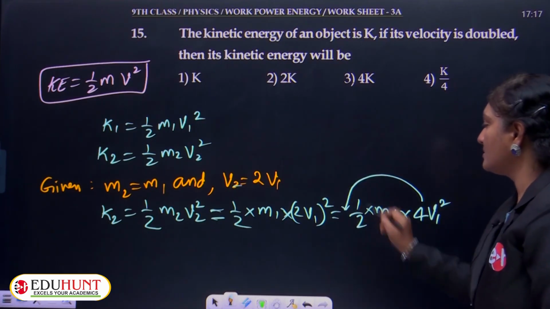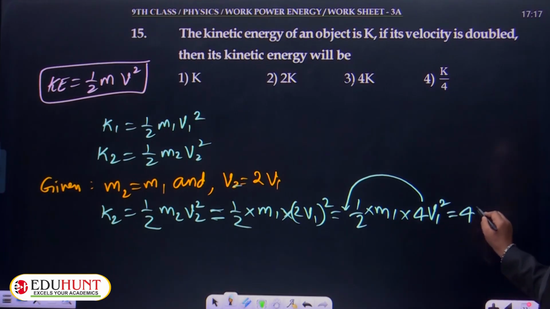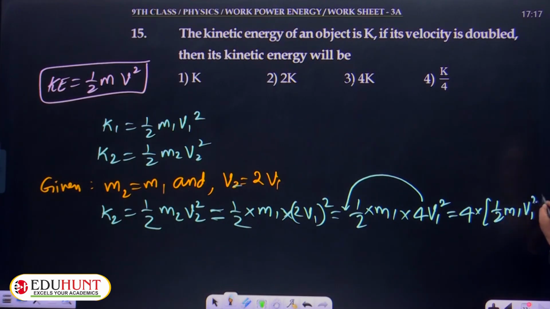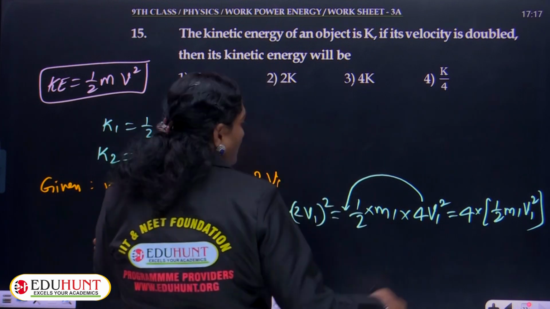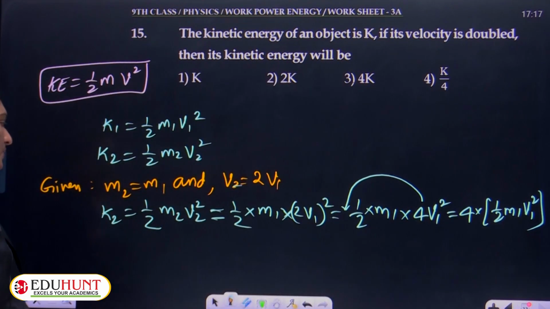Keeping all the values there and bringing the 4 forward, you get 4 times half m1 v1 square. So what we observed, children, is that K2 equals 4 times half m1 v1 square.